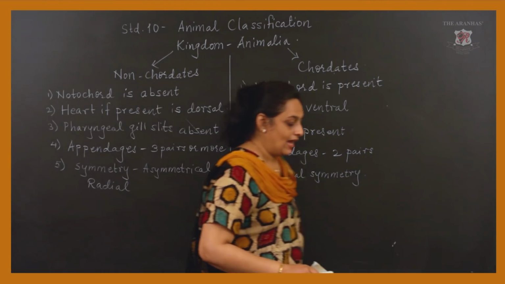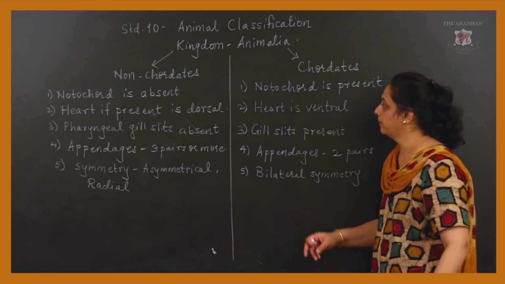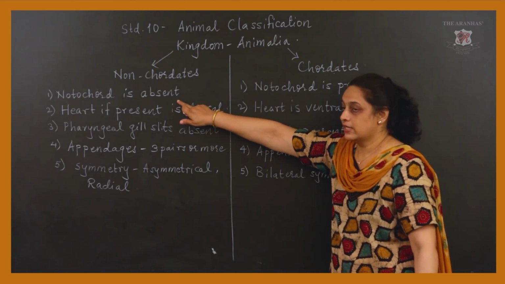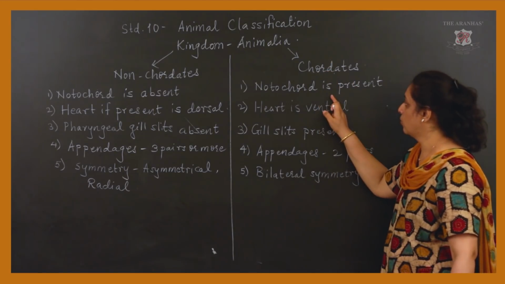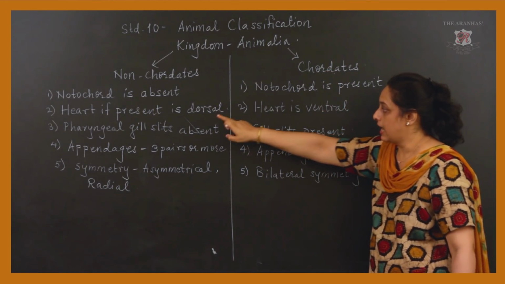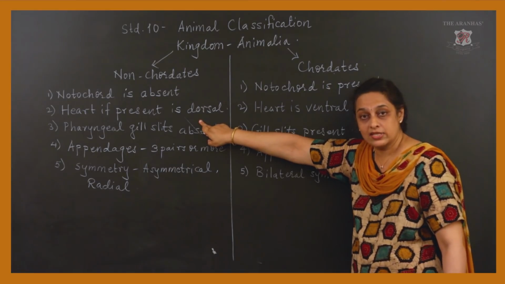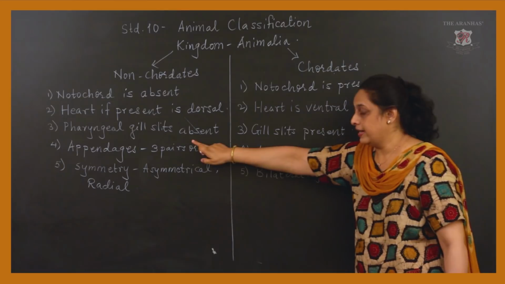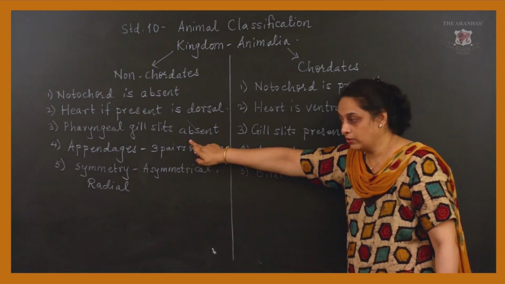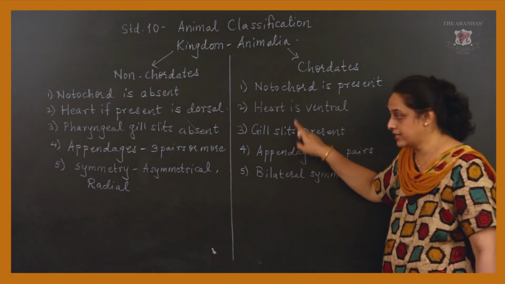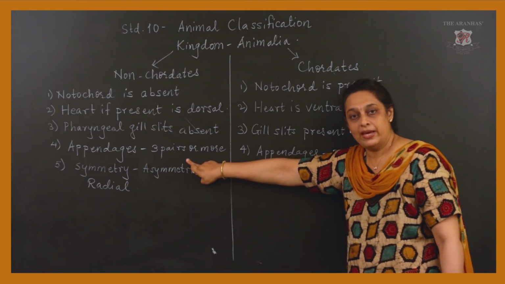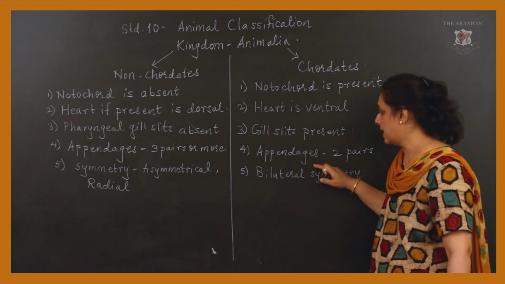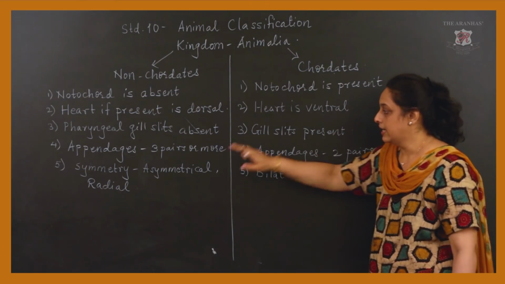Okay. Now quickly have a look at all these points. Non-chordates, notochord is absent, notochord present in chordates. Heart, if present, is dorsal in position; heart is on the ventral side in chordates. Pharyngeal gill slits absent in non-chordates, present in chordates. Appendages 3 pairs or more in non-chordates and 2 pairs in chordates.